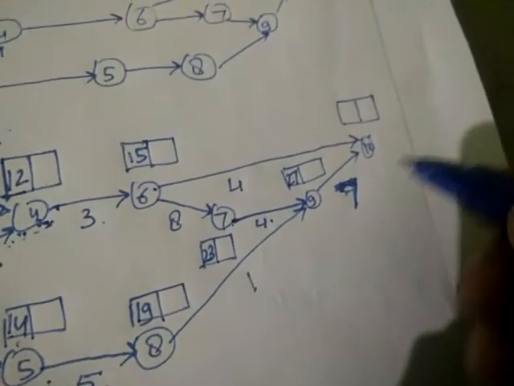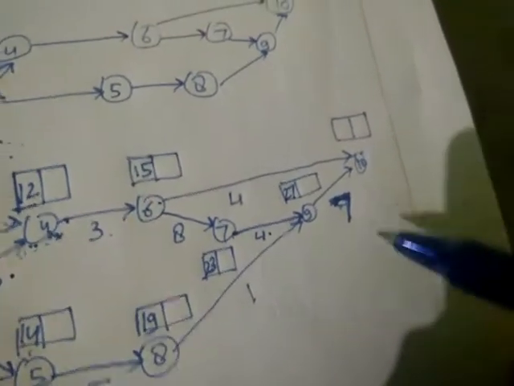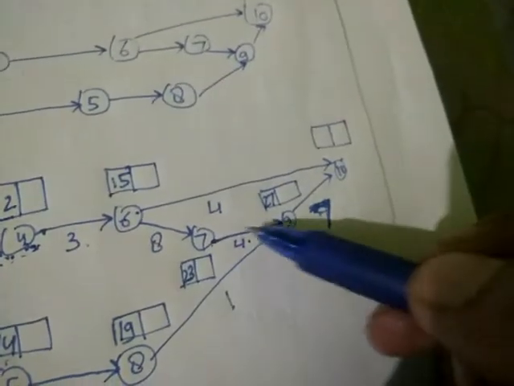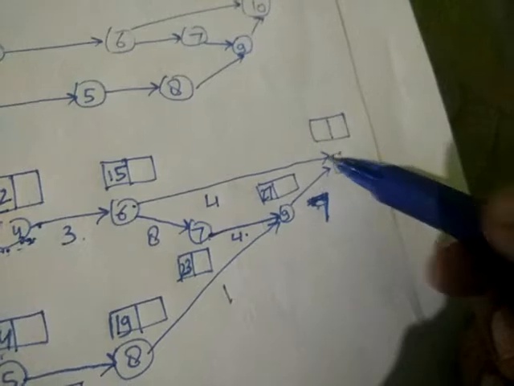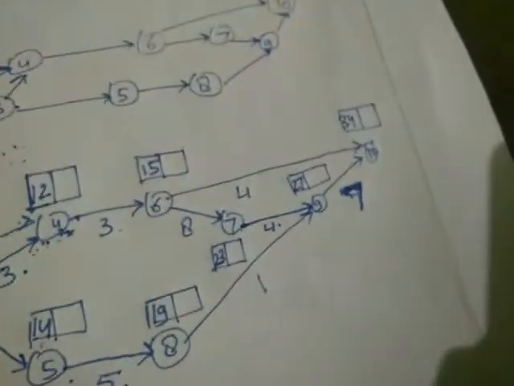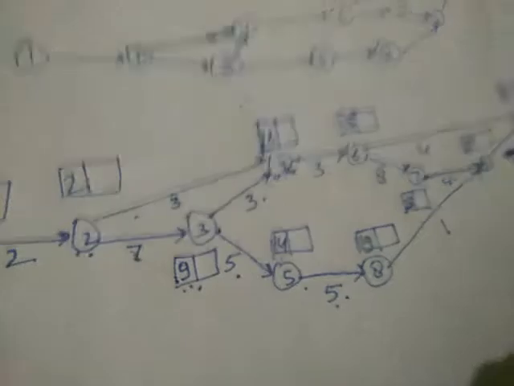Now 27. Now see here again this is the merge event. So from this path 15 plus 4, 19, and from this path 27 plus 7, 34. So greater is 34. Again see what I have done. It is very simple. We started from t equal to 0.